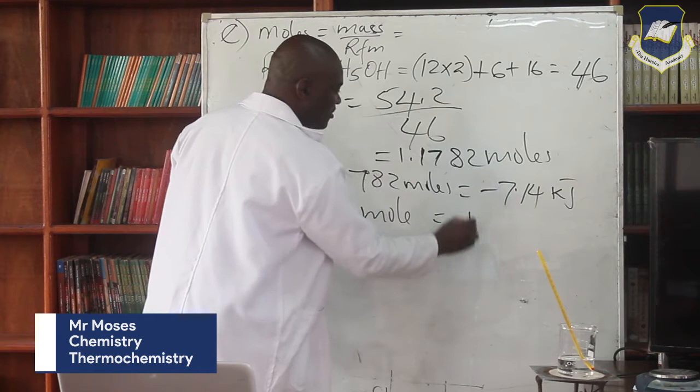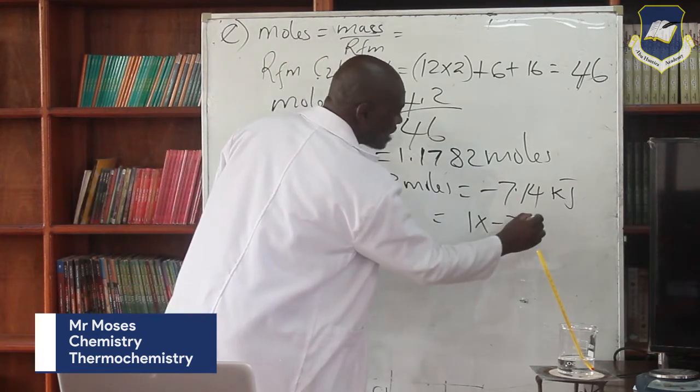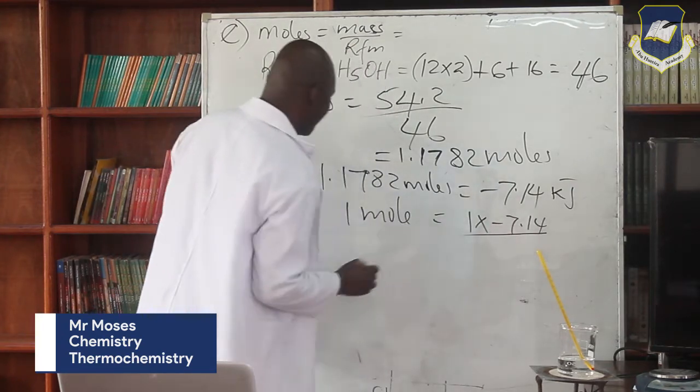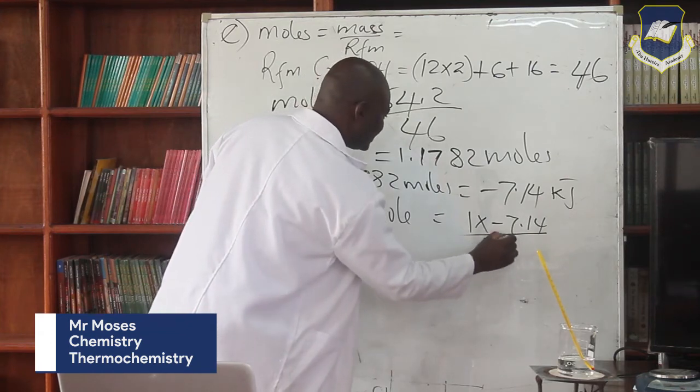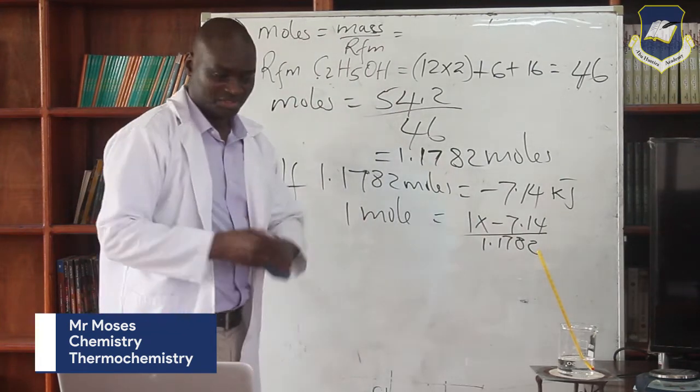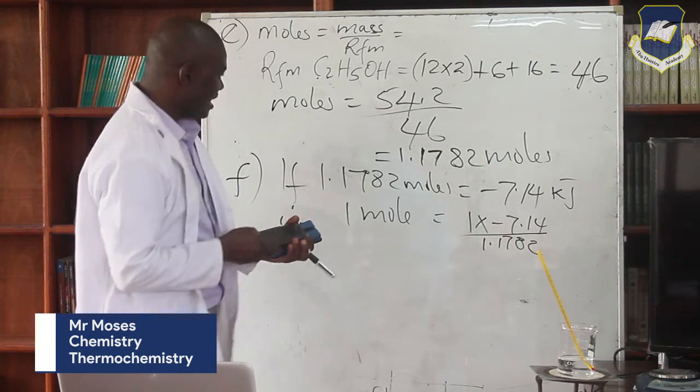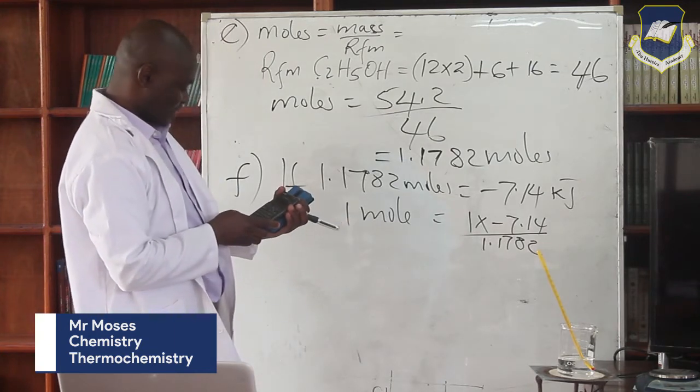So 1 mole will be 1 times negative 7.14 divided by 1.1782.